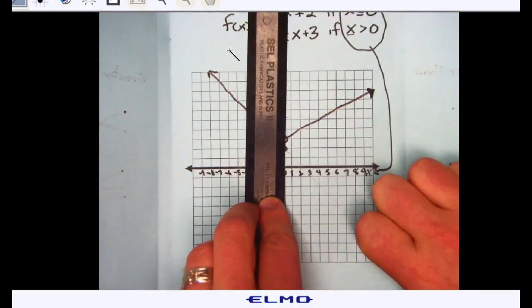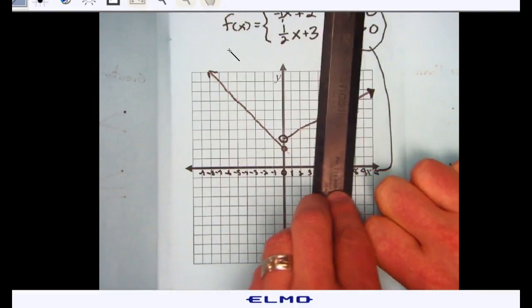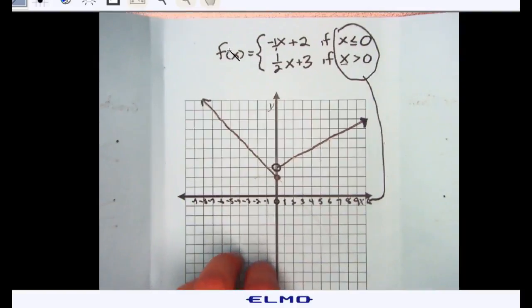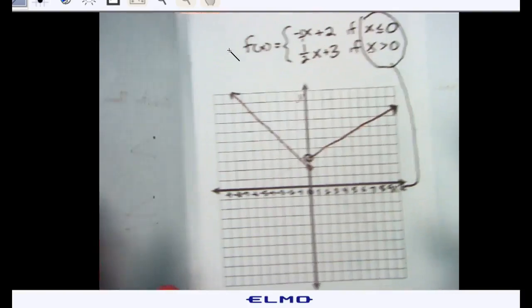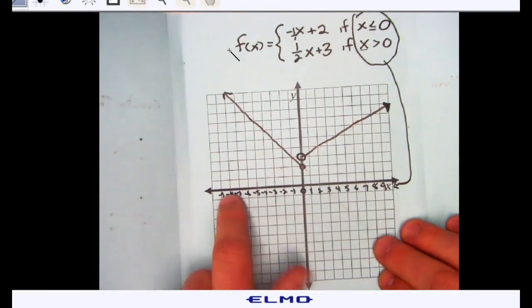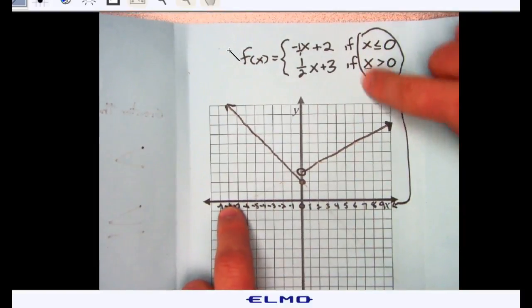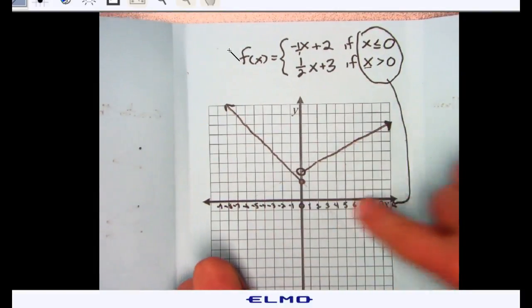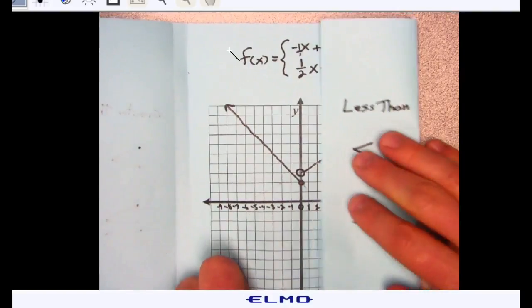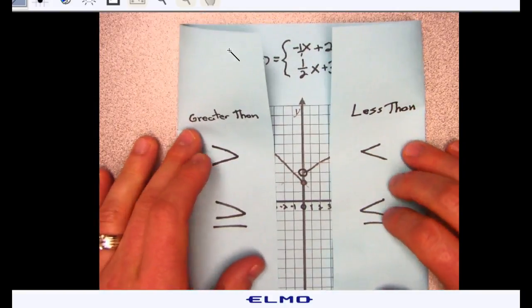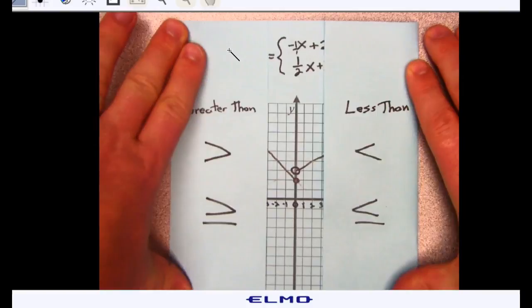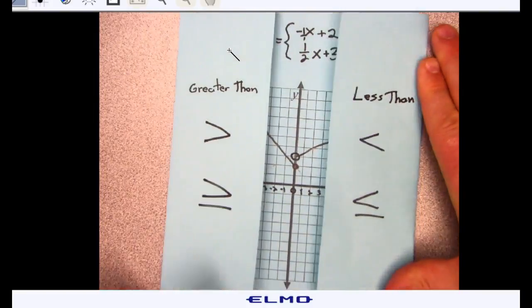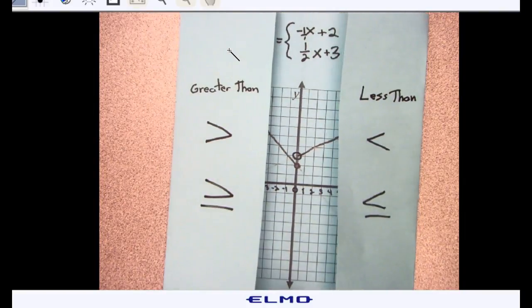And then as I keep moving right, it's only touching at one point. So that's how you'll use this foldable to help you. Just know that these are always going to be x values, stand for these numbers here. Okay. So let's practice a few on the other page that I handed out.